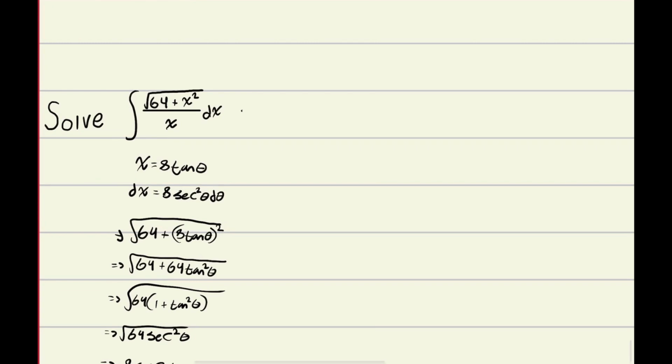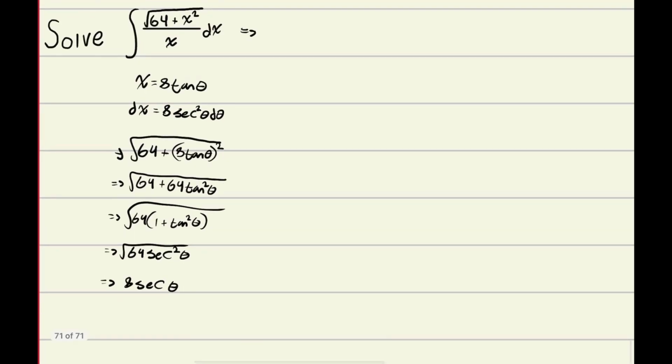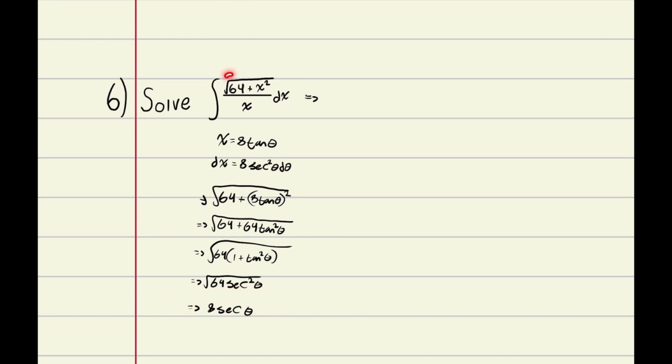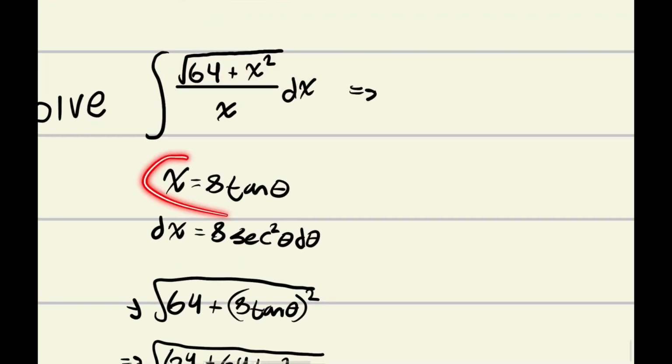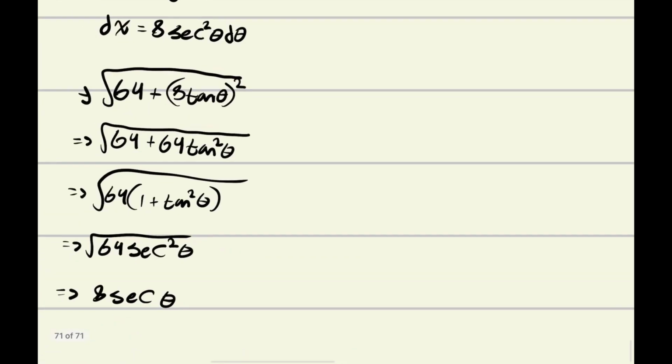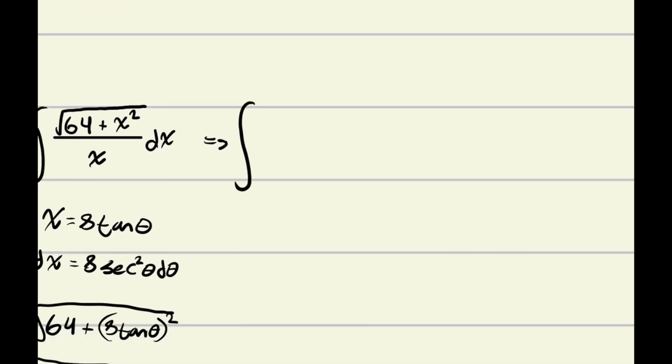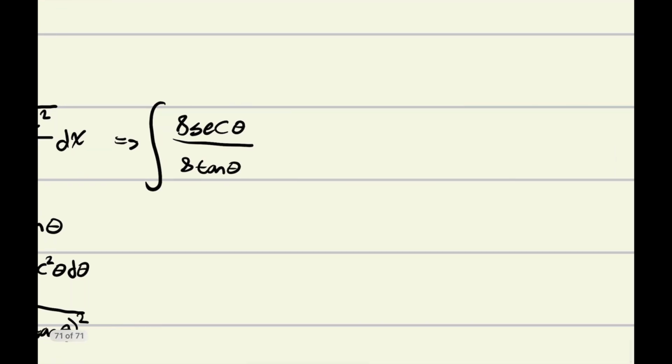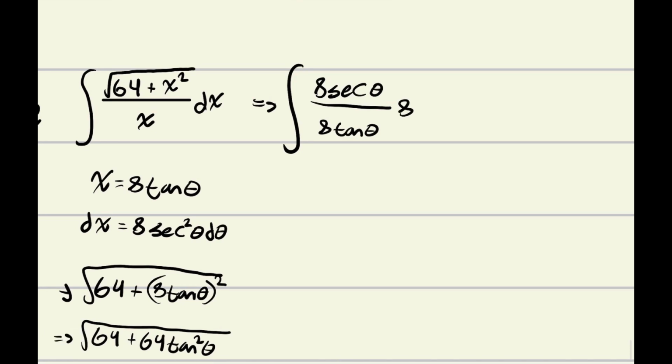Now we will go back here and plug this in. We'll replace this x with 8 tangent theta and this dx with 8 secant squared theta d theta. So we have the integral of 8 secant theta over 8 tangent theta times 8 secant squared theta d theta.